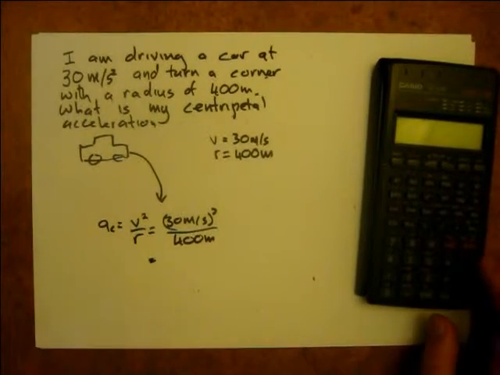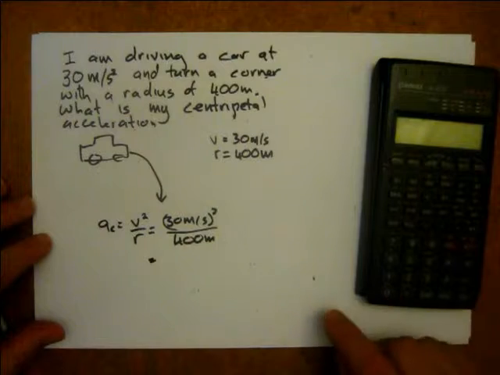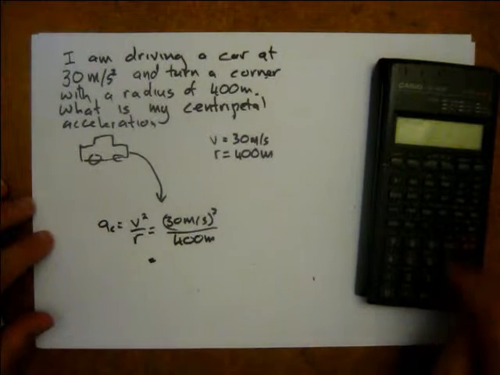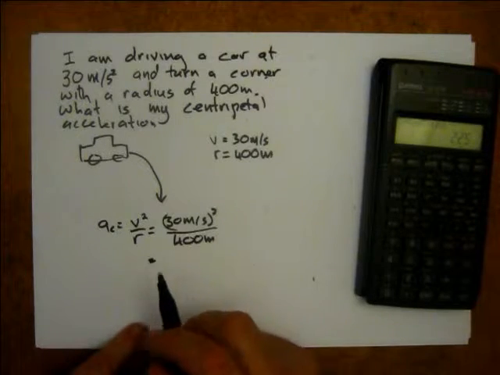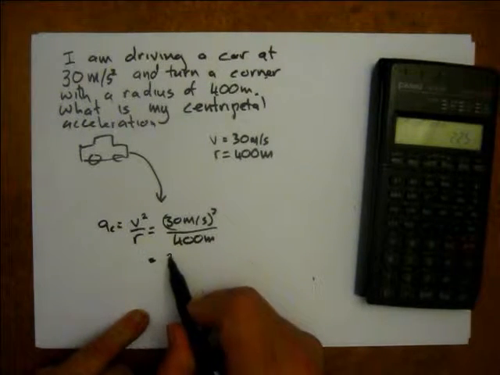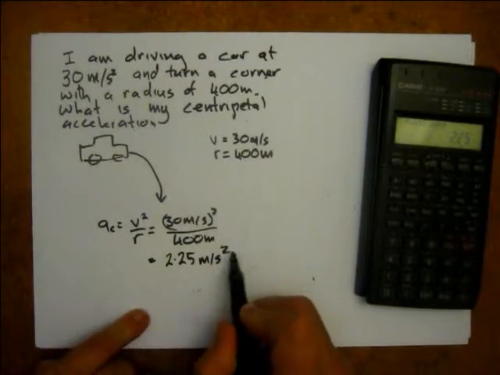So 30 squared is 900, divided by 400 equals 2.25 meters per second squared.